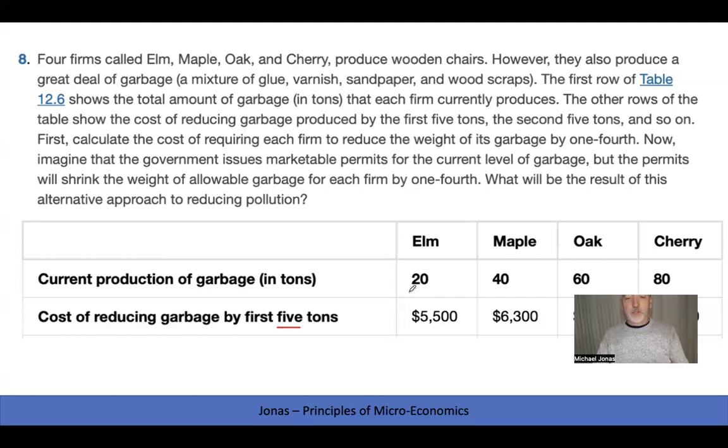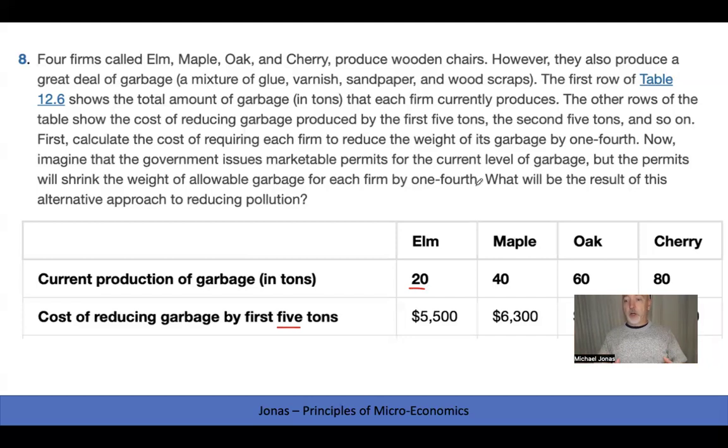So when we see our elm firm here has 20 units of garbage, of pollution, it's really 4 chunks of 5 that could potentially be cleaned up. So we'll get used to that quickly.